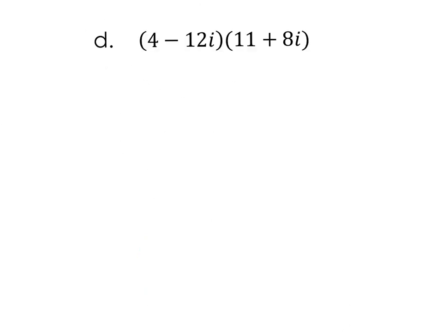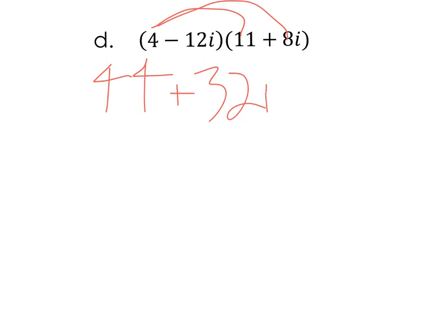So with letter D, I'm going to do the same thing. I'm going to go 4 times 11, that's 44. 4 times 8i, that's 32i. And then I'm going to go -12i times 11. And that's going to be, what is that, 132? Yeah, it'll be -132i.